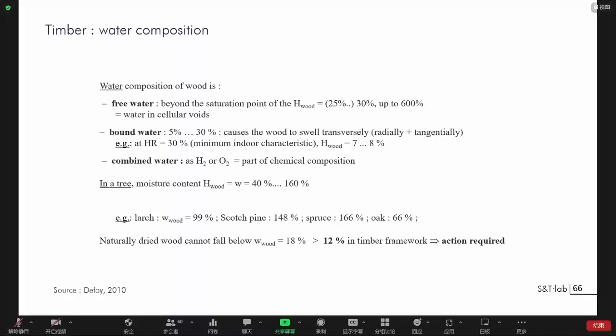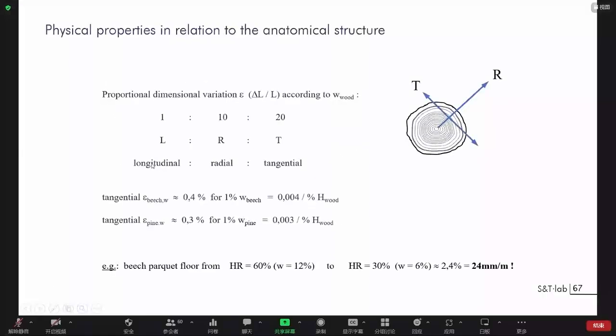So you can naturally dry a part of this timber. The fact is that it will be swelling radially and tangentially, and that could be an issue that we'll be discussing just after. And combined water in timber itself won't be released if you are not burning the timber. So we don't have to take care of this content of water.